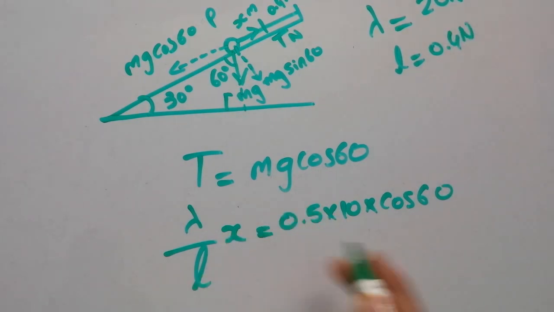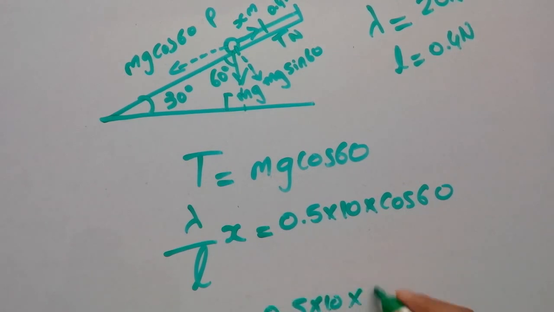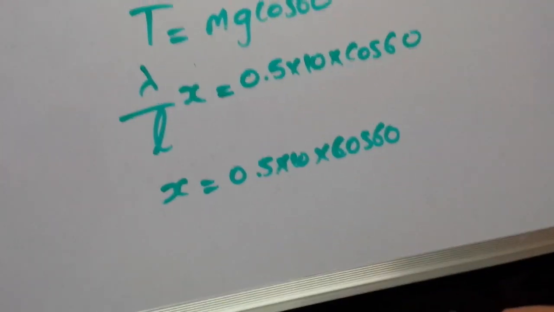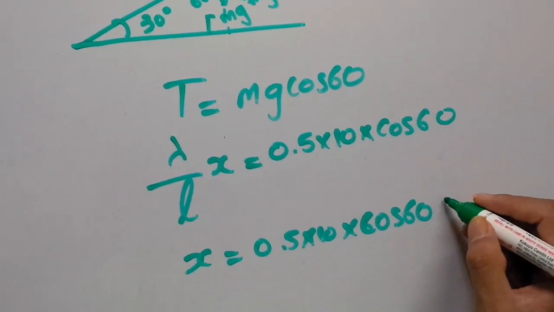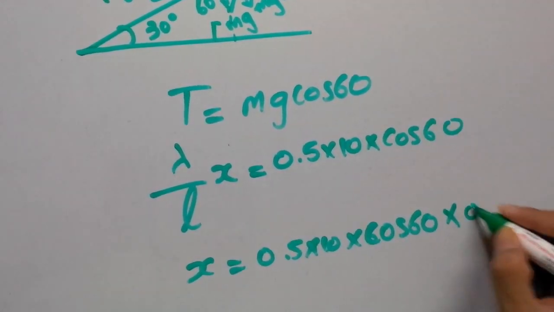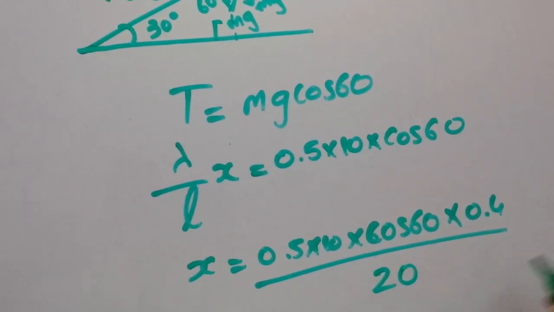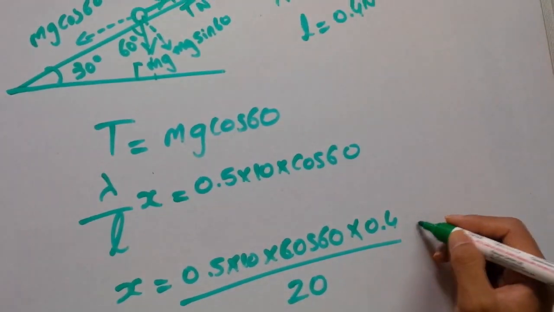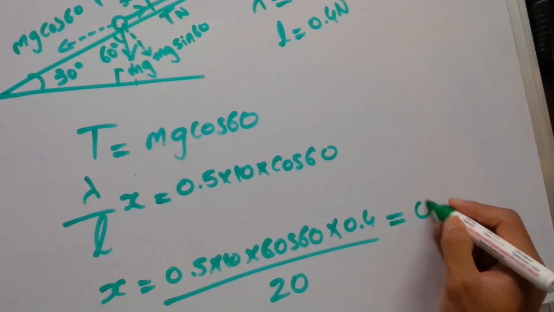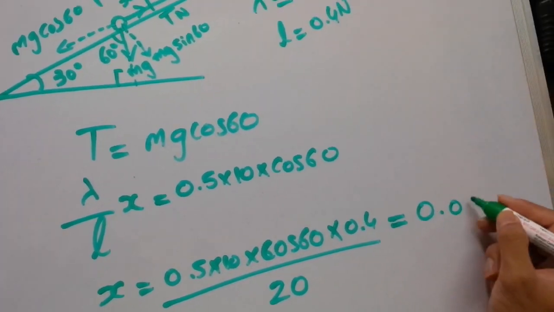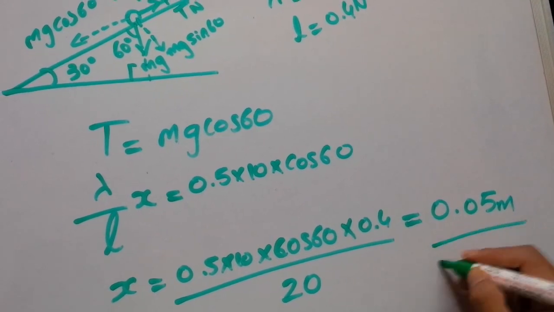Placing that in this equation, we should be getting x is 0.5 into 10 into cos 60 into 0.4 divided by 20. You should be left with x as 0.05 meter.